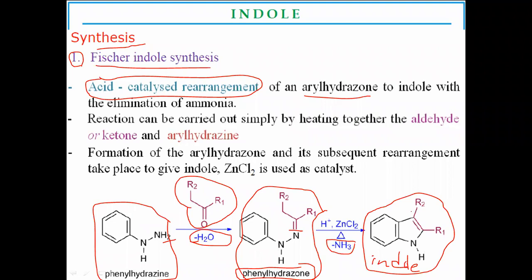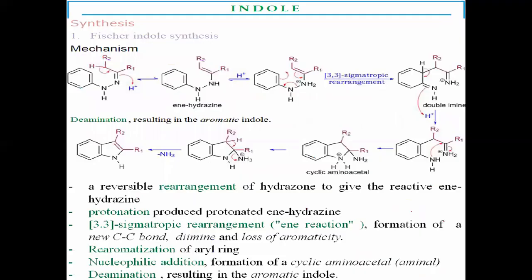Phenylhydrazine reacts with aldehyde or ketones with loss of one water molecule to form the phenylhydrazone, which reacts with zinc chloride, acting as an acid catalyst, to form indole by elimination of ammonia. This type of synthesis is called Fischer indole synthesis. We have to see the mechanism of this reaction.